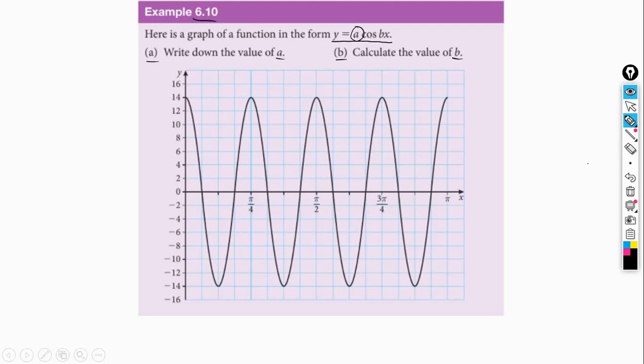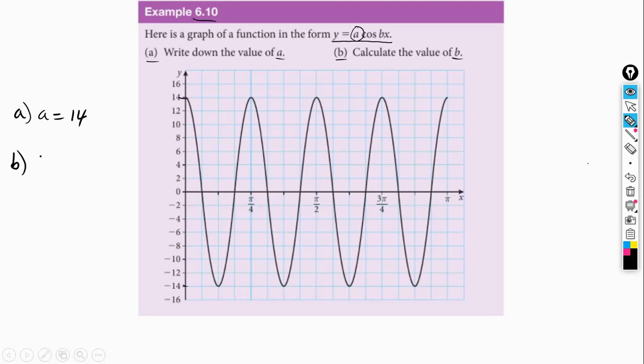And this is a cosine function, which normally has an amplitude of 1. We can obviously see that this one has an amplitude of 14. You can see that here and here. So A equals 14.